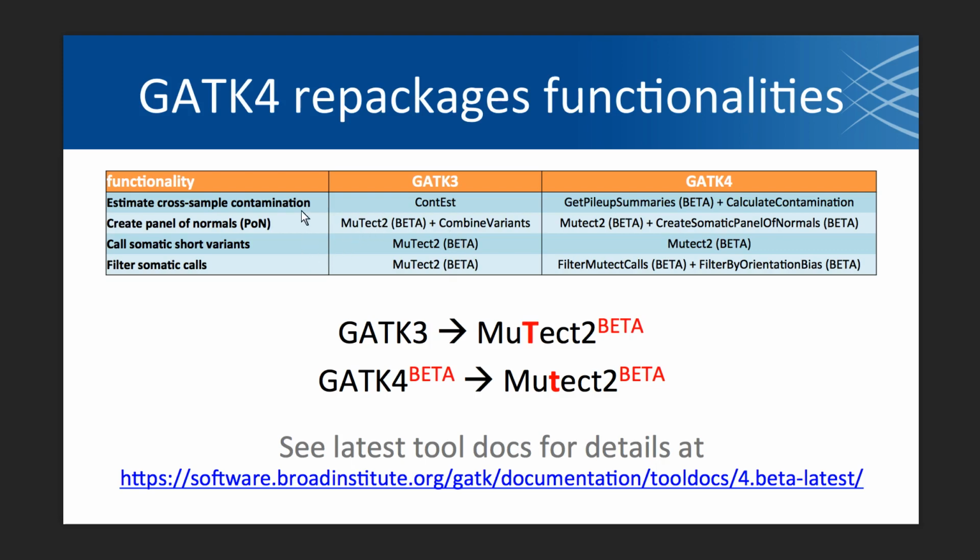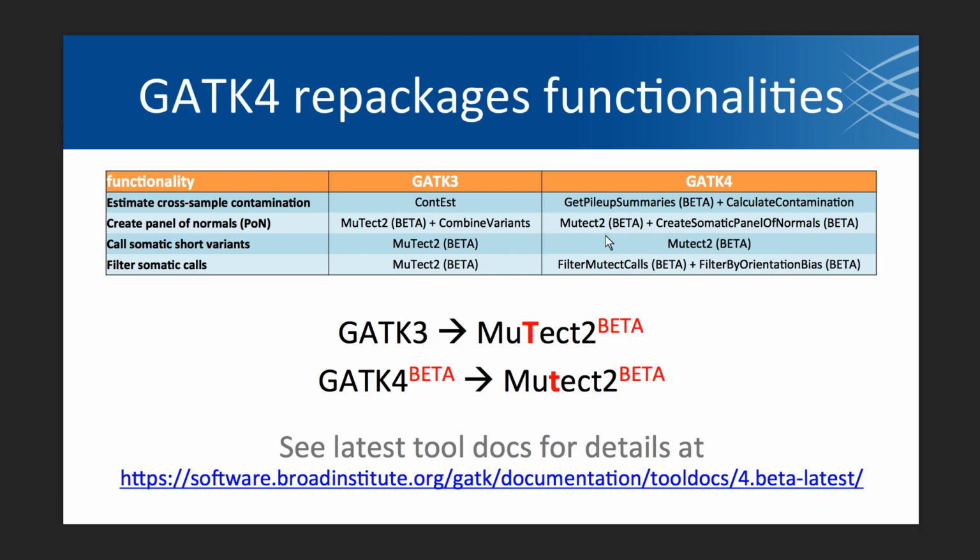For example, to estimate cross-sample contamination, in GATK3 we have ContEst, and in GATK4 we have two new tools, GetPileupSummaries and CalculateContamination. To create a panel of normals for short variants, in GATK3 we use MuTect2 and CombineVariants. In GATK4 we use MuTect2 and a new tool called CreateSomaticPanelOfNormals.